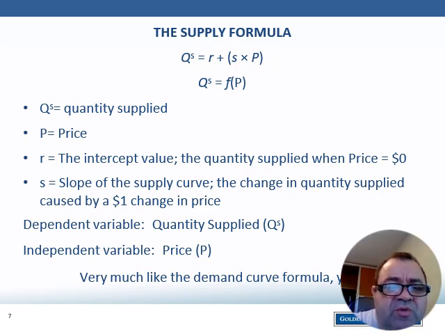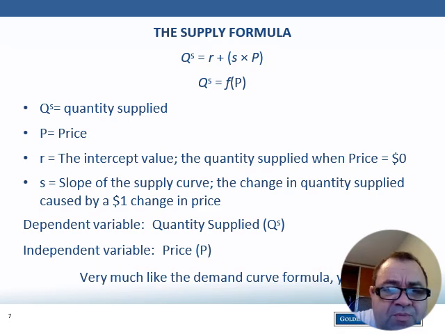The supply curve formula is similar to the demand curve formula except for the plus sign. The quantity supplied, QS, is the intercept value, the quantity when the price is zero. That's typically zero. Suppliers won't supply anything when the price is zero.